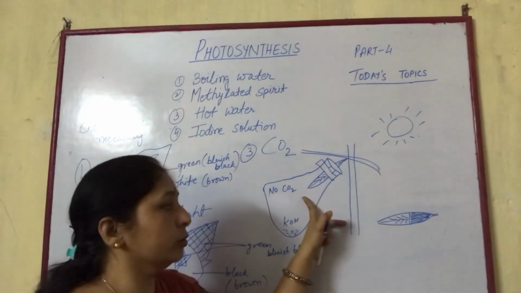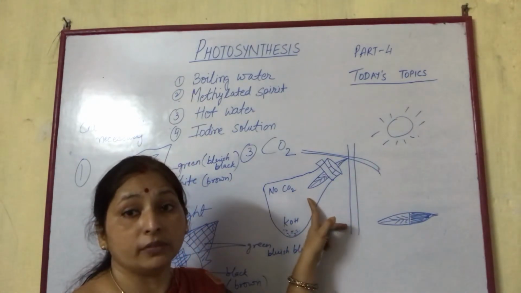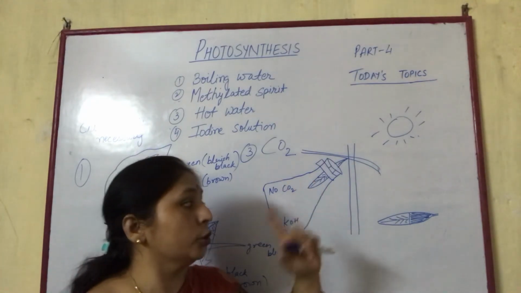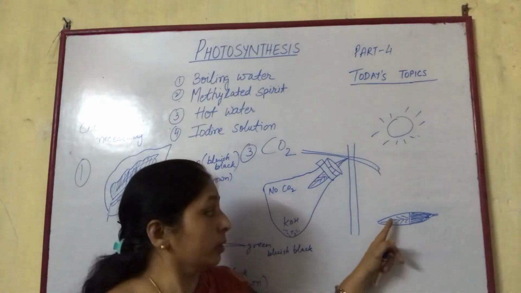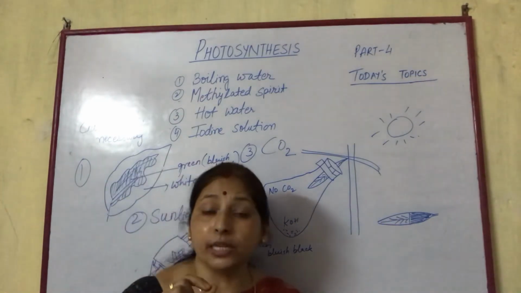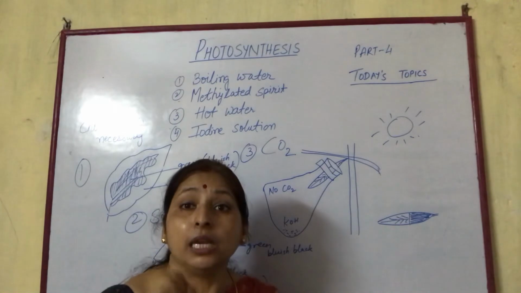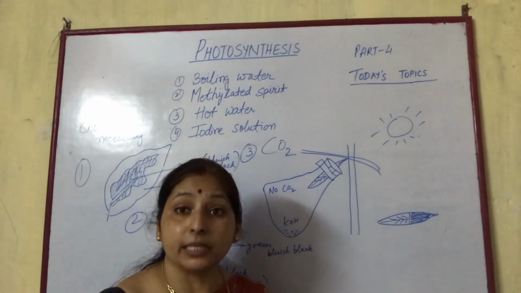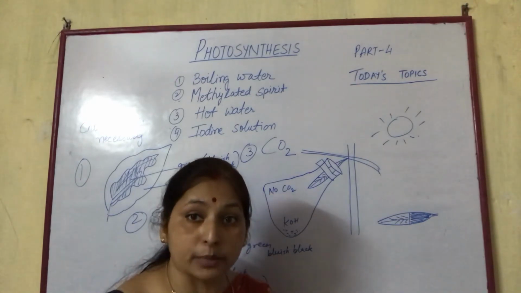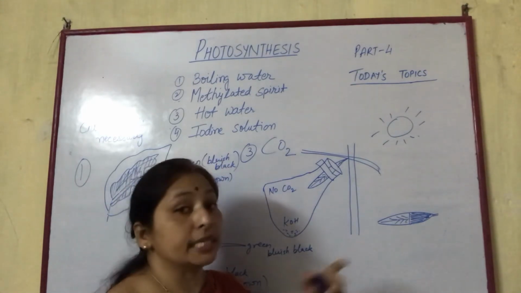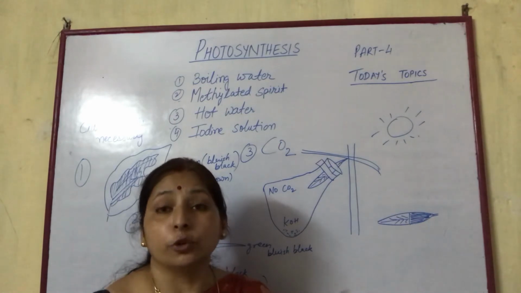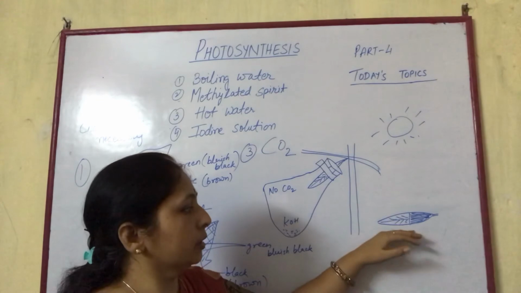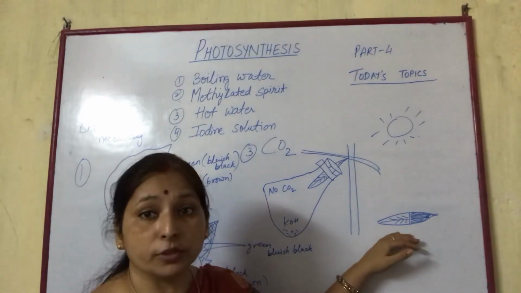Sunlight is available to this also, because the conical flask is a glass flask, but CO2 is not available. So the portion of leaf where CO2 is available shows bluish black coloration. Starch is present, it means photosynthesis takes place, while the leaf inside the conical flask shows the absence of starch.